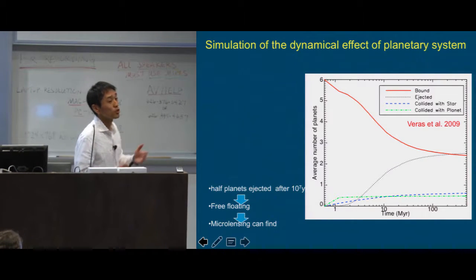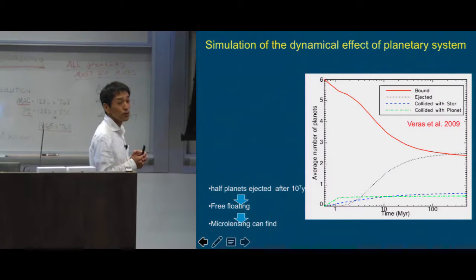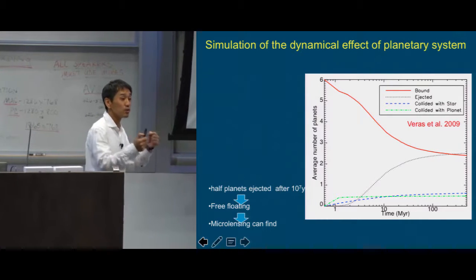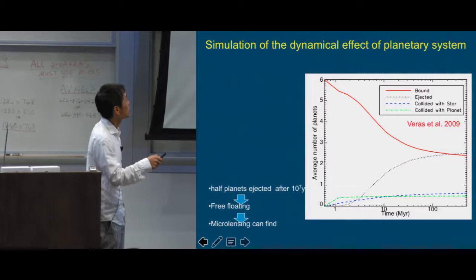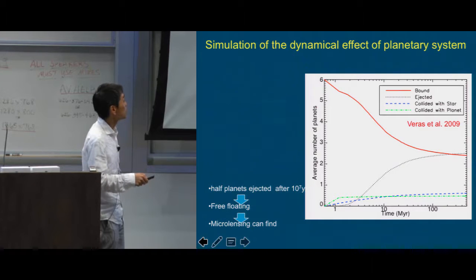And most of such predictions for these kinds of free-floating objects can be created by the scattering from the interaction between the planets. In their simulation, they start from 6 planets, and after several million years, most of them are scattered out.